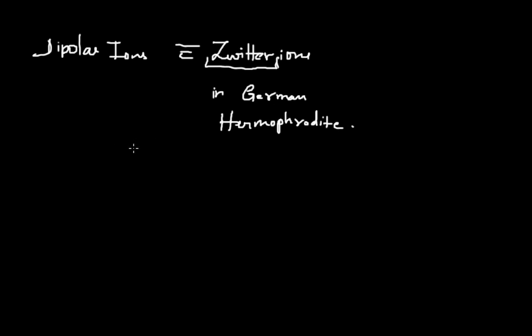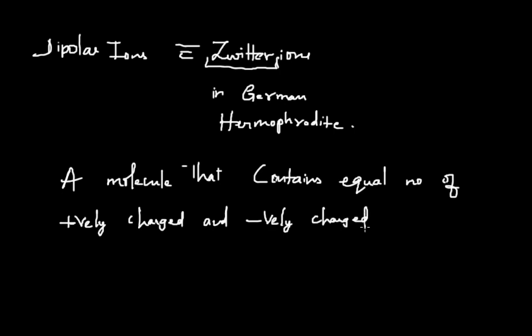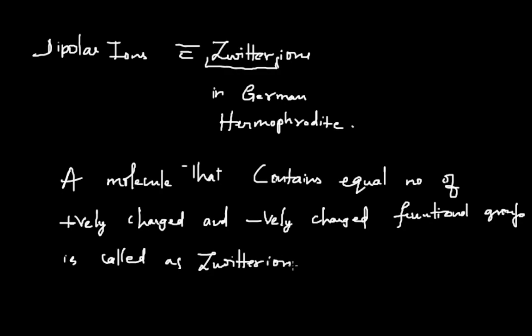So a molecule that contains an equal number of positively charged and negatively charged functional groups is called a Zwitter ion.